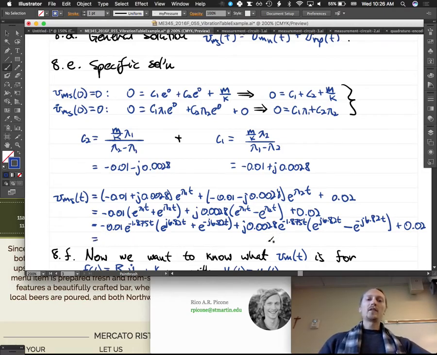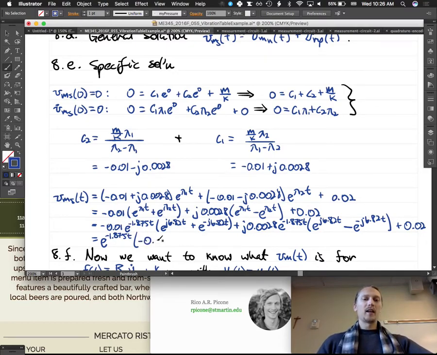So if you go back to Euler's formulas, then you'll see we can make the following simplification. So let's factor out, since we have this e to the negative 1.875 t, which factors out of both of those terms, right? So let's factor it out.